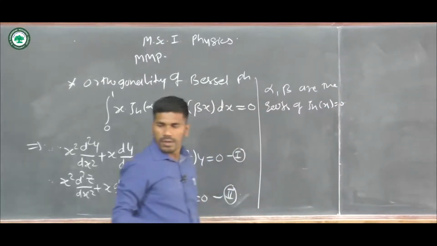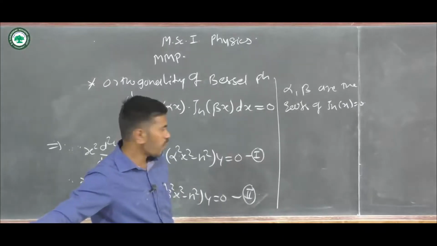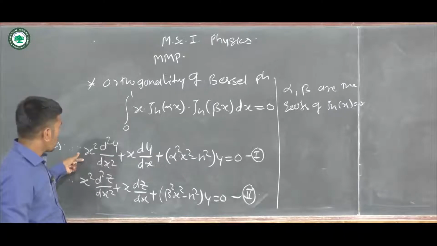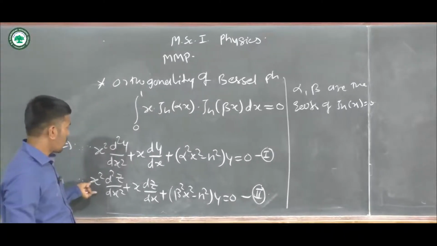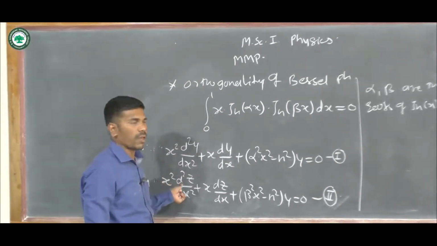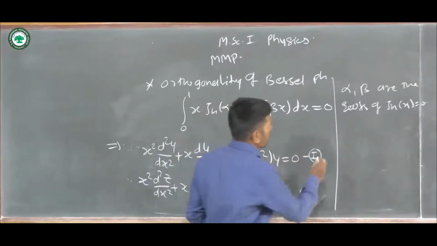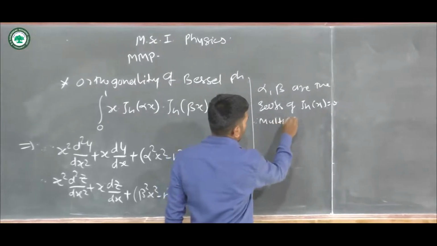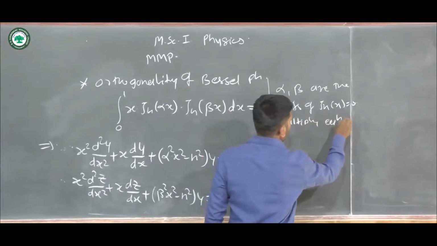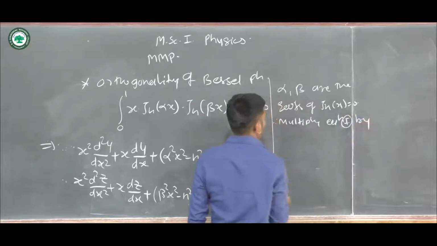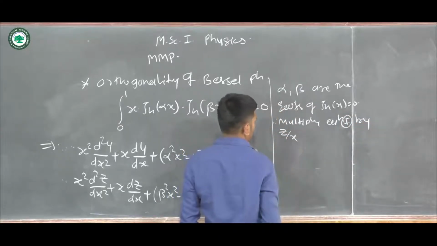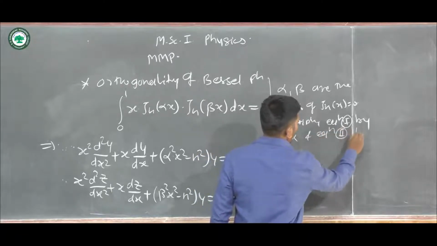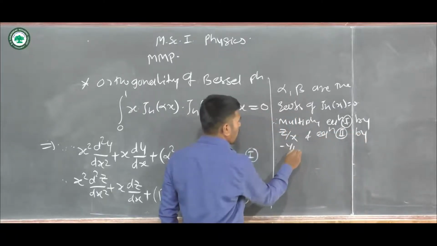Here I am going to multiply equation number 1 by z by x, and equation number 2 by minus y by x.